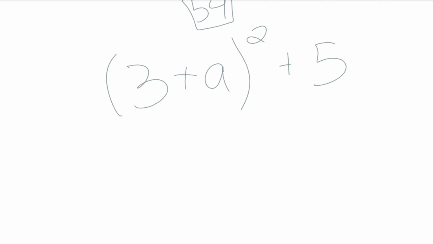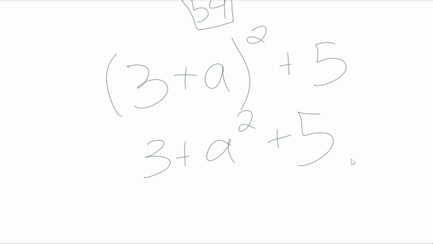The value of that letter, that unknown number, could actually vary. So I can't solve for it, but this is a very different expression than this one, because in the first one I would be doing 3 plus a and putting it to the second power and then adding 5, and in this one I would be solving for a to the power of 2 and then adding 3 and adding 5.